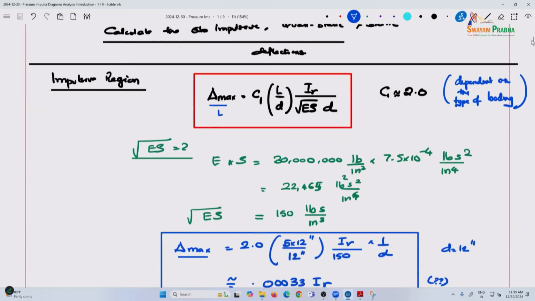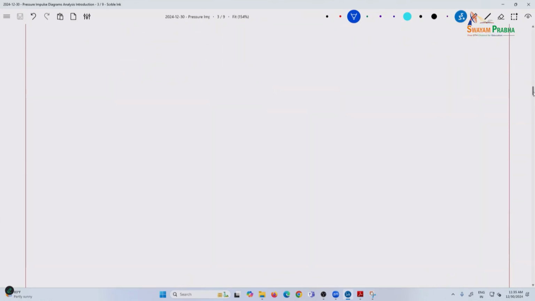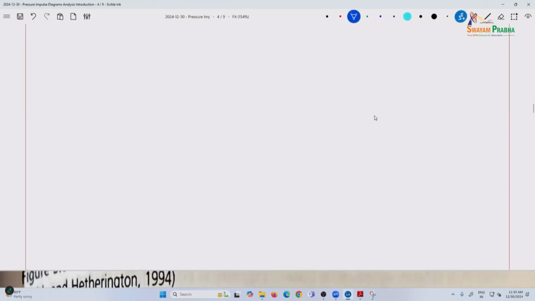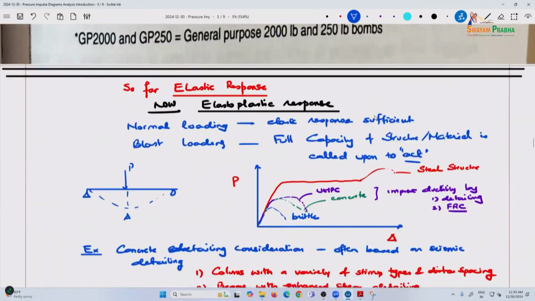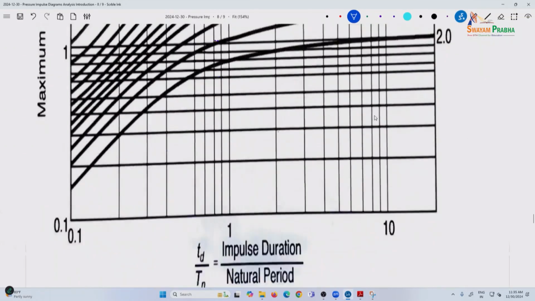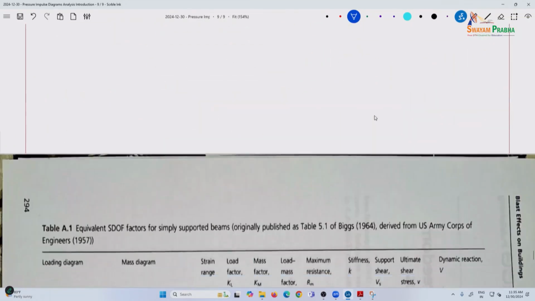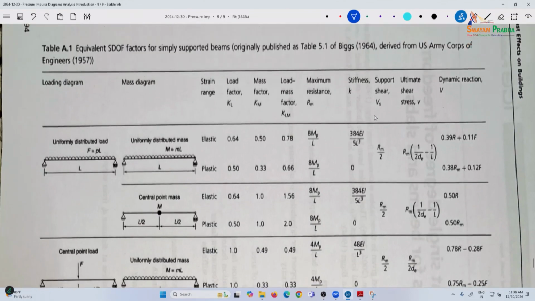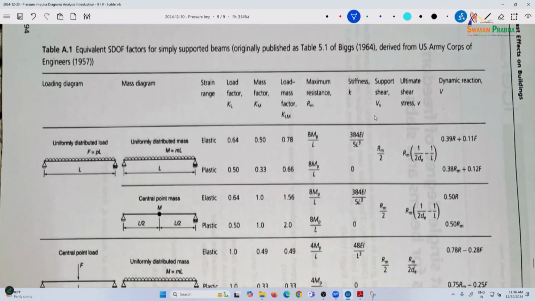We will upload these files separately as well. There is a whole lot of equivalent SDOF factors.